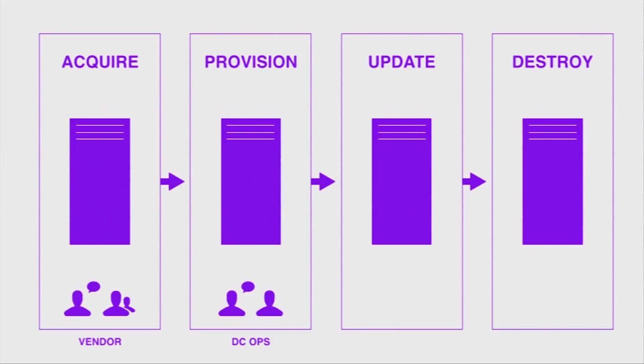Cool. Well, then your operators, your DC operations people, they would provision the machine. So they would physically plug the machine in. They would install the initial base operating system, depending on your organization setup, but there was some step of provisioning. And then there was the life cycle management, which is, okay, we need a new package installed. OpenSSL has another vulnerability. We need to patch it as soon as possible.